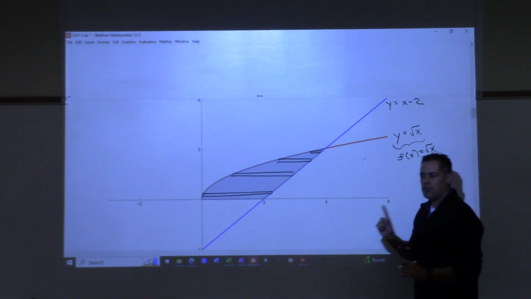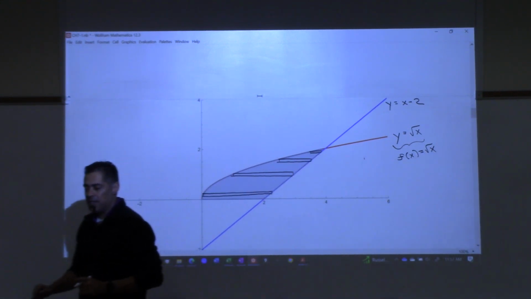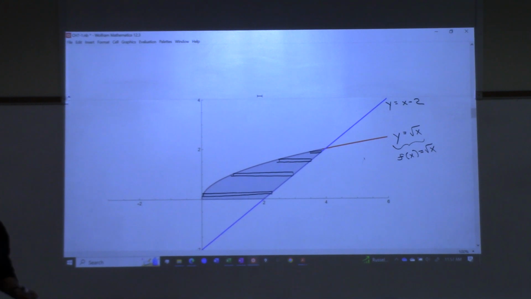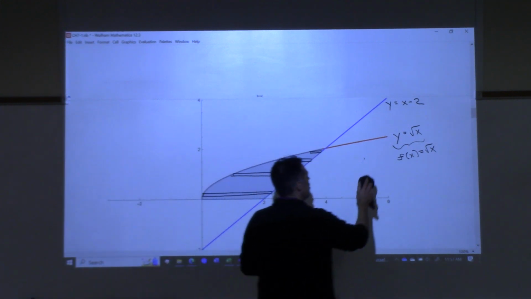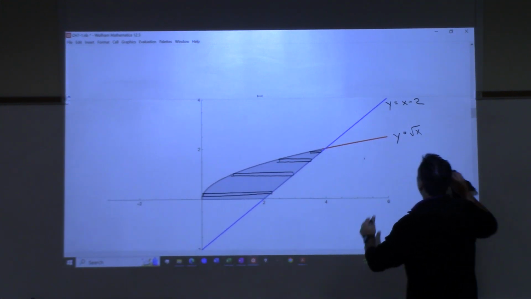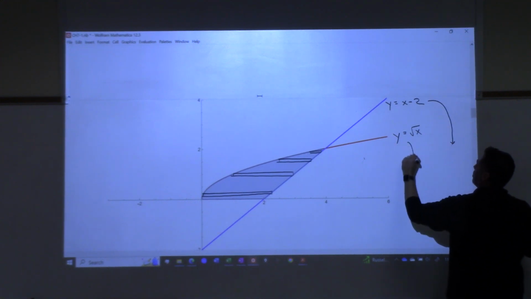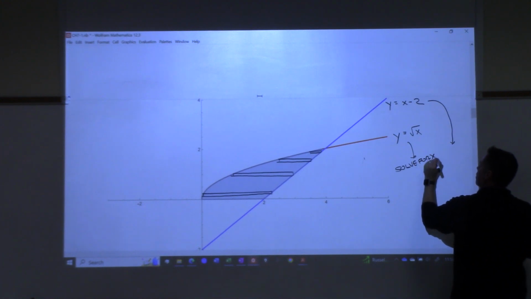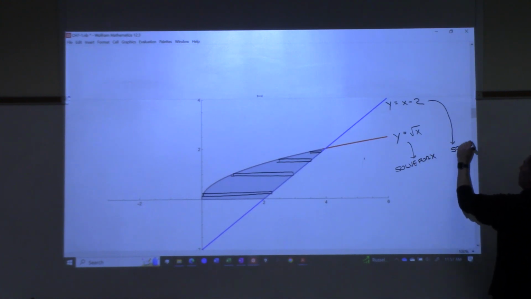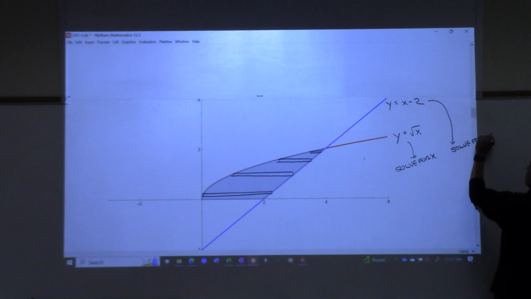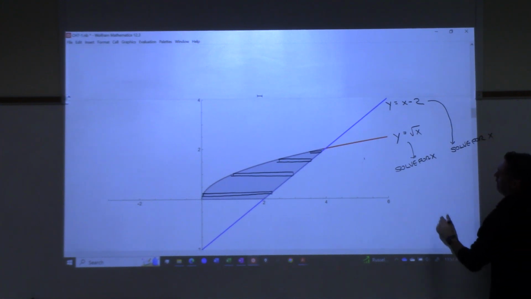We want these to be functions of y, which means instead of having these solved for y, we have to solve them for x. So that has to be done if you're going to go to horizontal rectangles. So I'm going to take both of these, and I'm going to solve for x. Okay, let's solve this one for x.